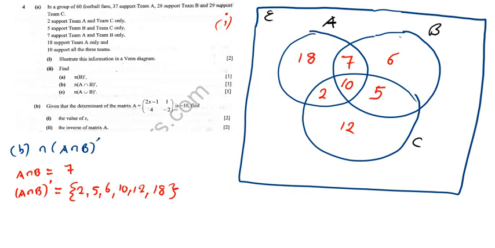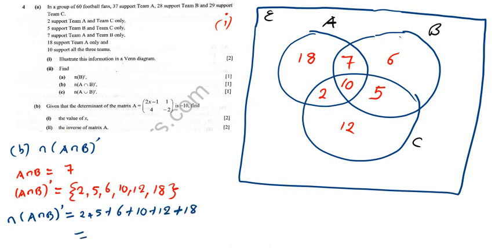But our question says we find the number, looking for the number of A intersection B complement. So since we're looking for a number, we just simply add those values which are in A intersection B complement. So I add 2 plus 5 plus 6 plus 10 plus 12 plus 18.